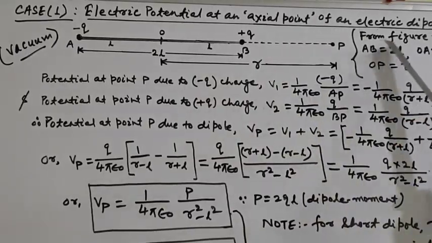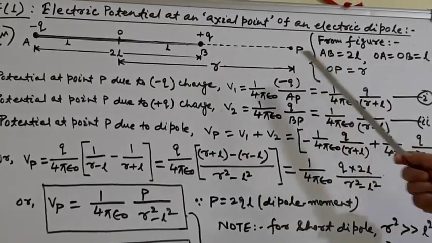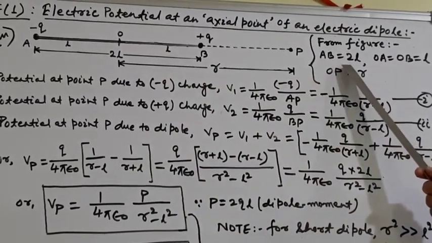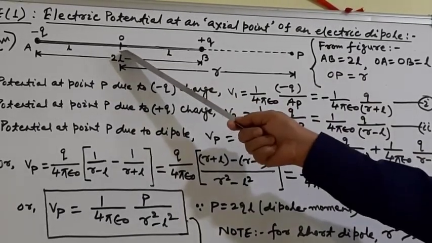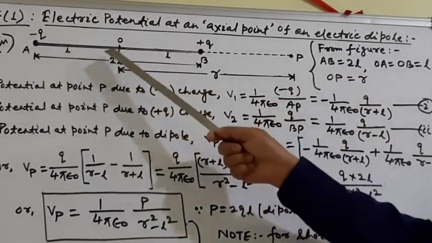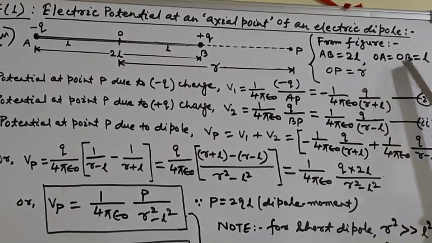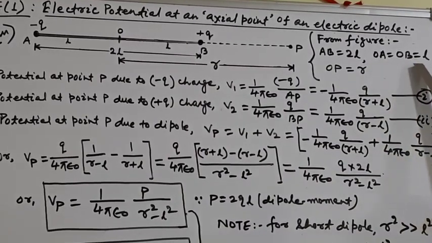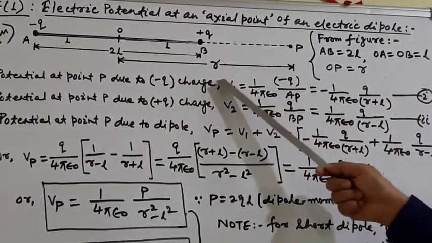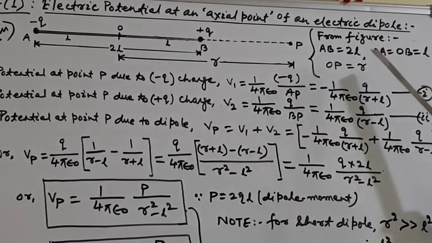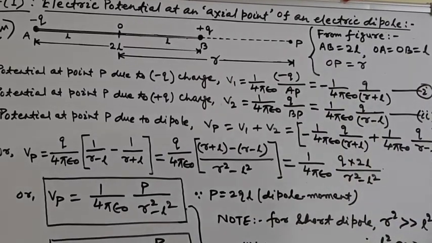From the figure I have taken a notation. AB is equal to 2L and O is the midpoint of the dipole. So OA equals OB equals L, and OP is equal to r. We shall use the notation where it is required.